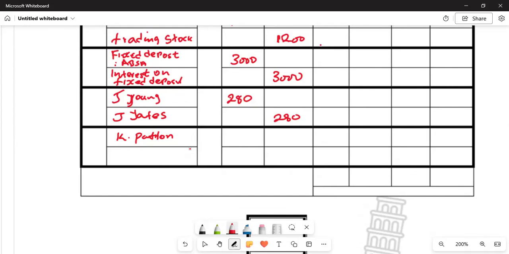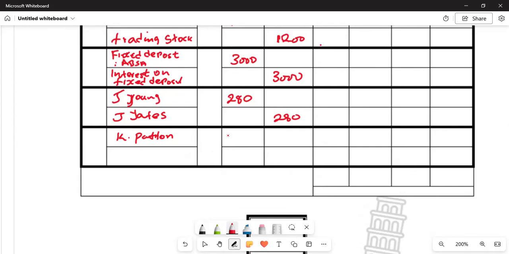So it increases what he owes. We are debiting him because we are trying to add interest to his account, which is going to increase what he owes. So our debtors control, which is K Pattern, is debited because the balance increases.